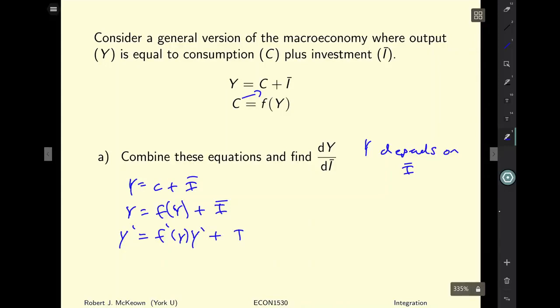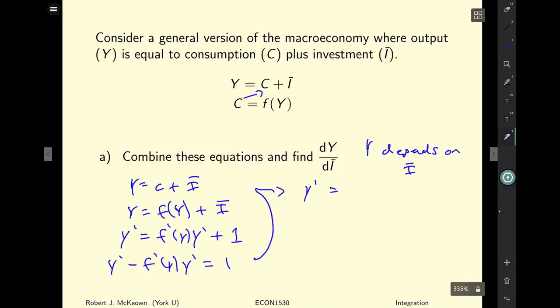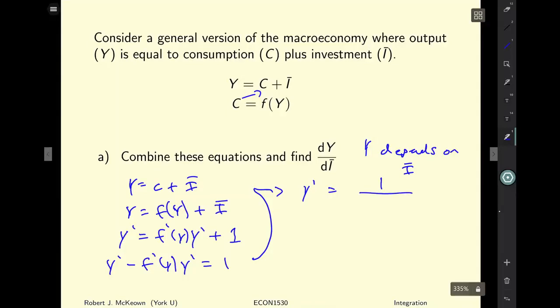Oops, not plus I. Plus 1. The change in I bar with respect to I bar is equal to 1. Now I'll collect like terms. And we've got 1 minus f prime Y.